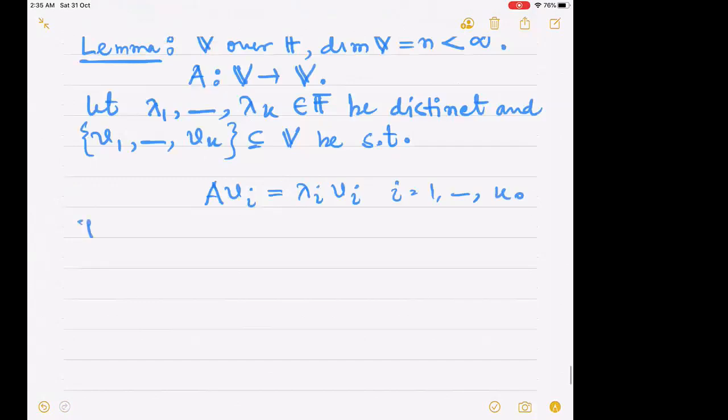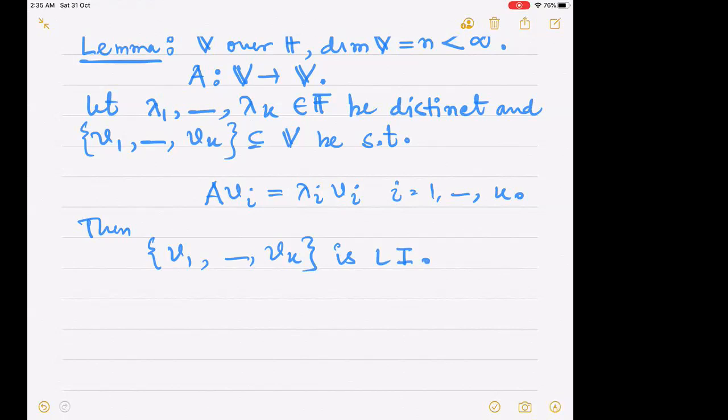Then V1 up to Vk is linearly independent. Is that all right?